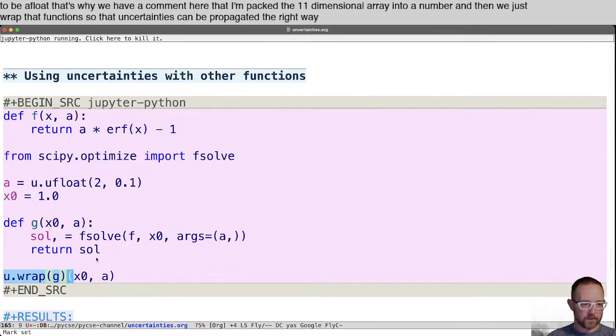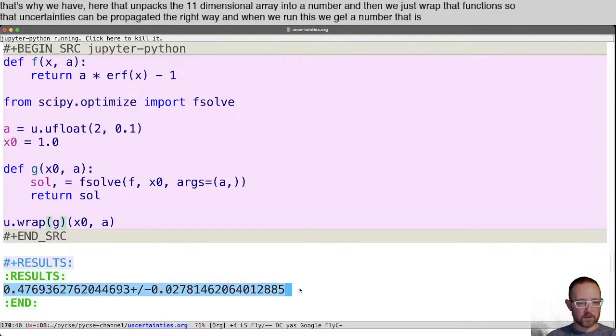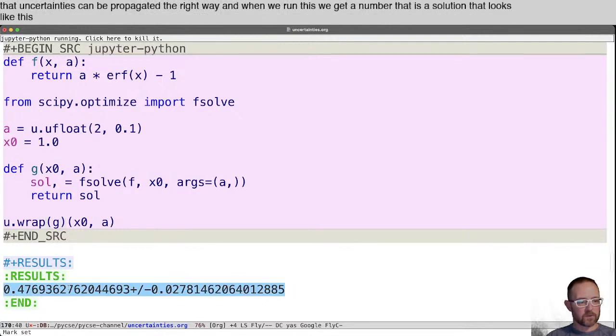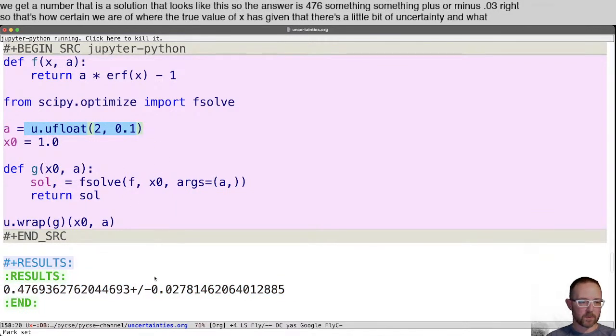And when we run this, we get a number that is a solution that looks like this. So the answer is 0.476 something plus or minus 0.03. Right? So that's how certain we are of where the true value of x is, given that there's a little bit of uncertainty in what the a value is.